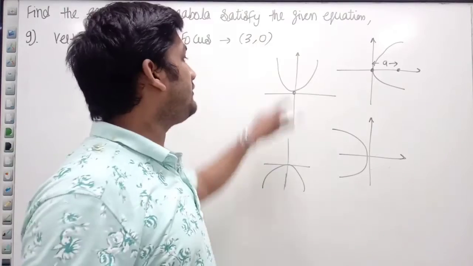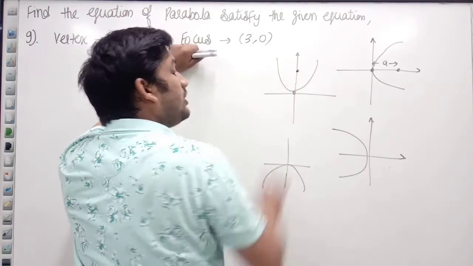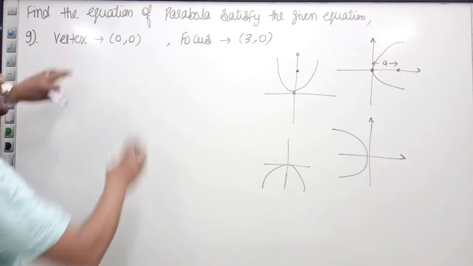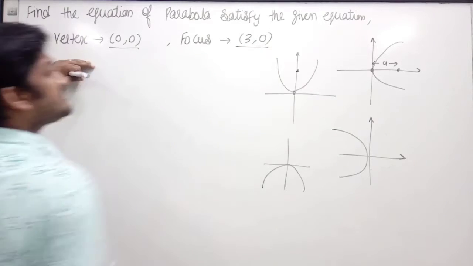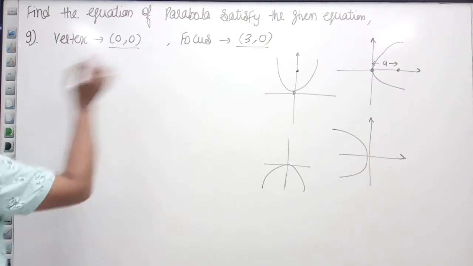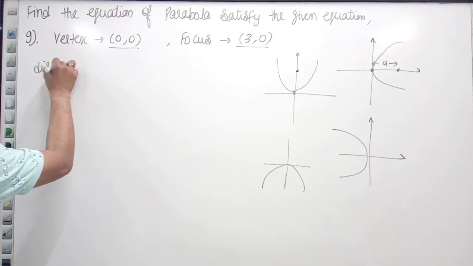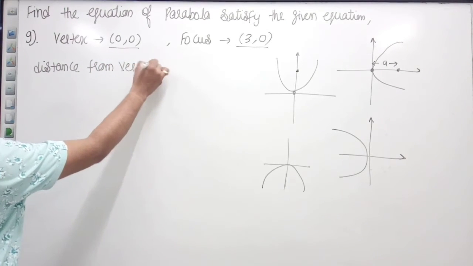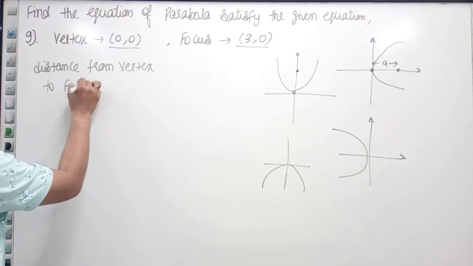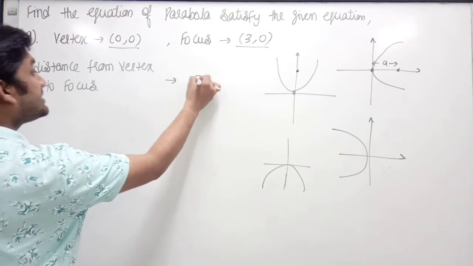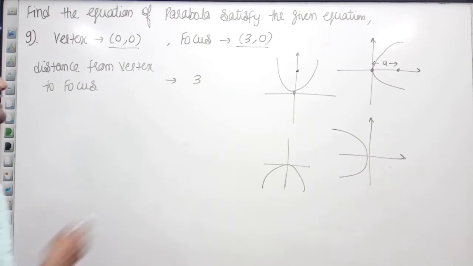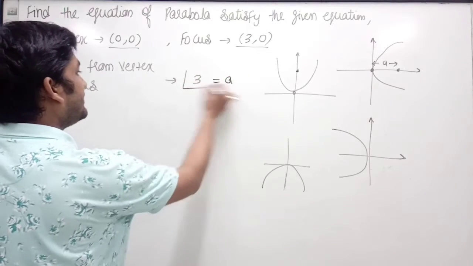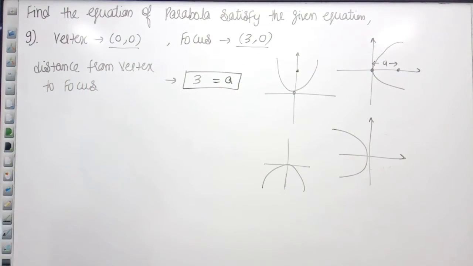Distance of vertex from focus, it is always a. So what is the distance from vertex to the focus? You can say distance from vertex to the focus is 3. So you can say a is 3. Right, the first thing, a, you have to find.